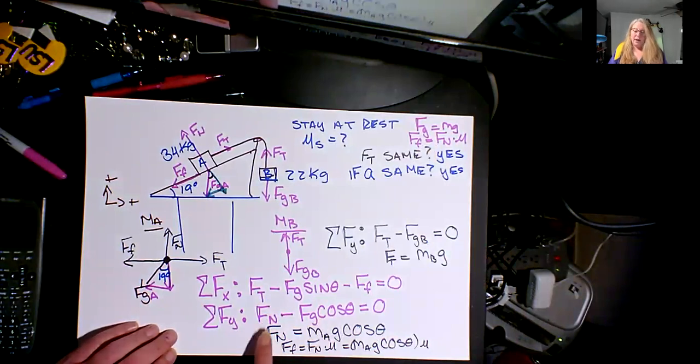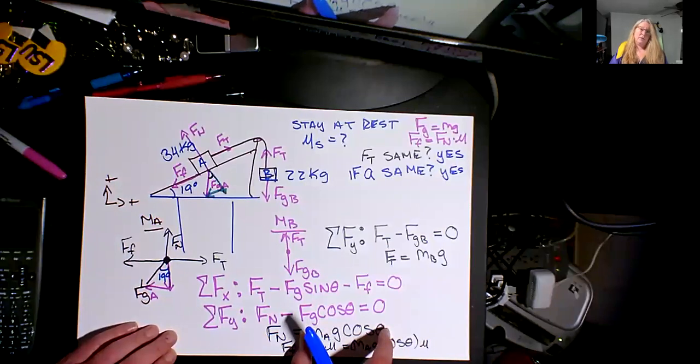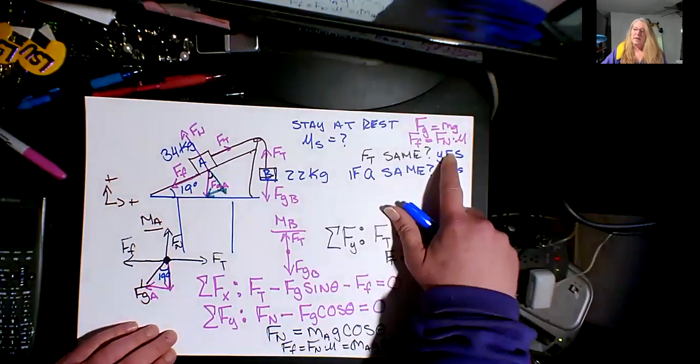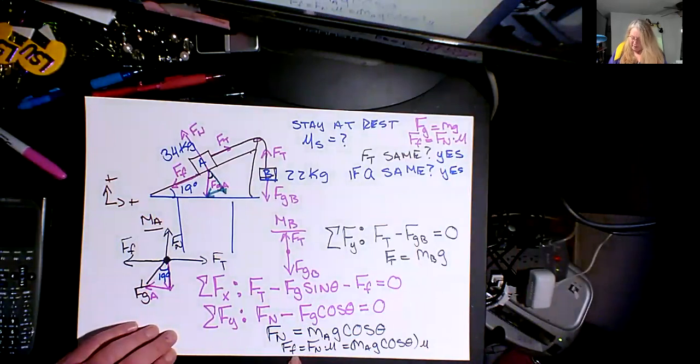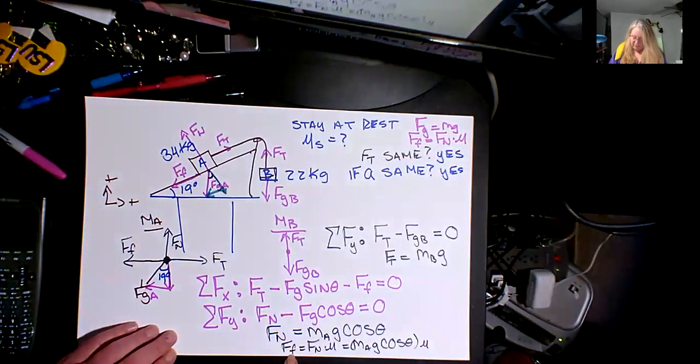So I know I have the force normal in terms of known values, and I know that the force of friction is applicable. So this is the force normal times mu. Now I can solve for that. And then I ask myself, the only thing I want to know is what is the force of friction? Can I get there from here?